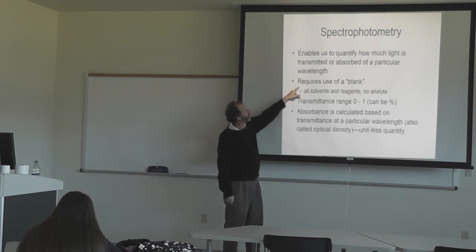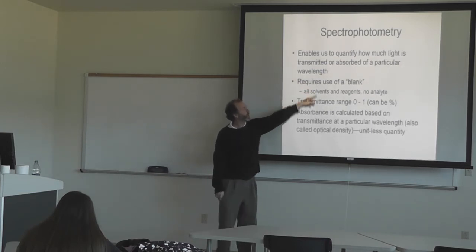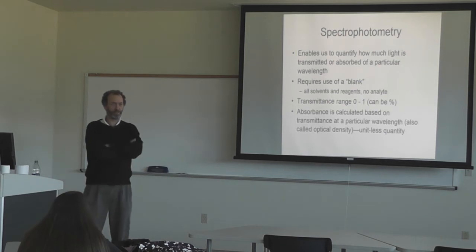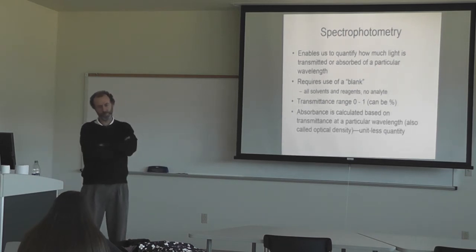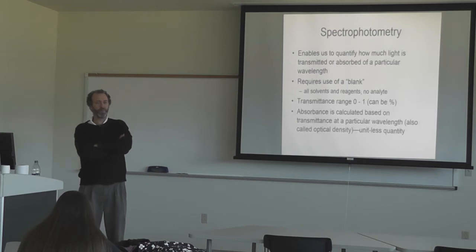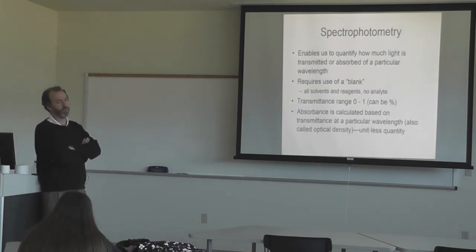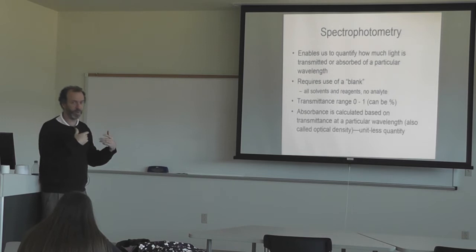So this is spectrophotometry, and it requires the use of a blank. So why do we want to use a blank? Typically the analytes you want to measure are going to be in some sort of solvent, right? Solvents are going to absorb light also at the set wavelength that you want.